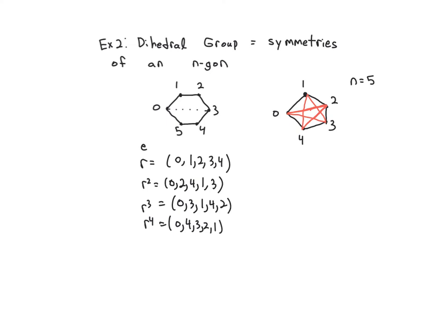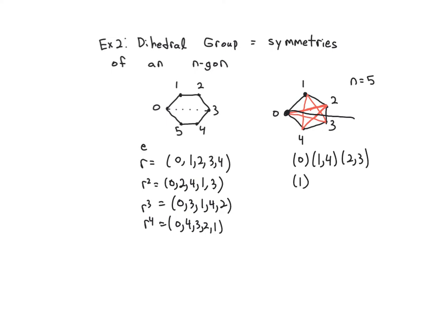The hard one are the reflections. So each reflection is going to consist of fixing one vertex and its opposite edge, and then permuting the opposite pairs of vertices that we see. So the reflection fixing 0 is that permutation.